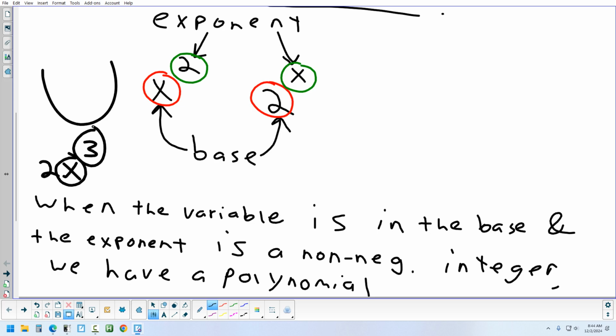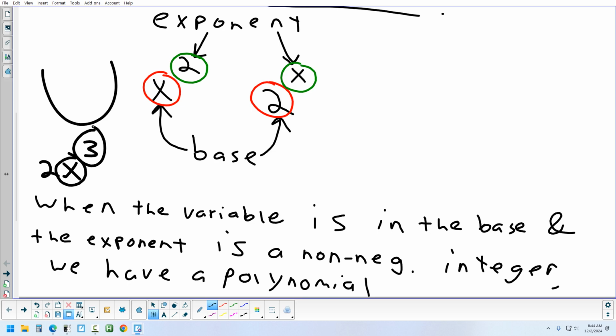Now, if you look at the one on the right, 2 to the x, what do you notice about the exponent in that one? How is it different than the one on the left? Anyone see a difference between the exponent for the one on the right and the one on the left? Yeah? The variable is the exponent.